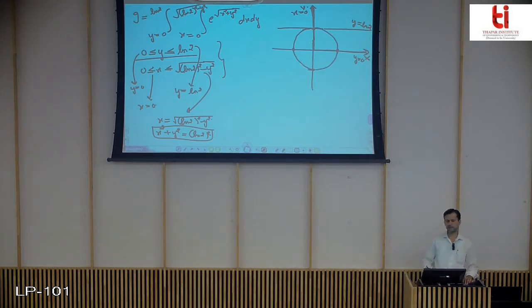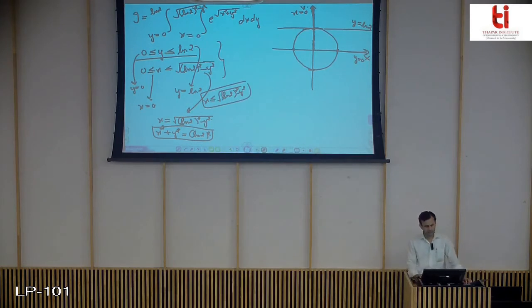Okay, now this is a circle, and since you have x less than or equal to square root of (ln2)² minus y², even if you draw the full circle, that is okay.